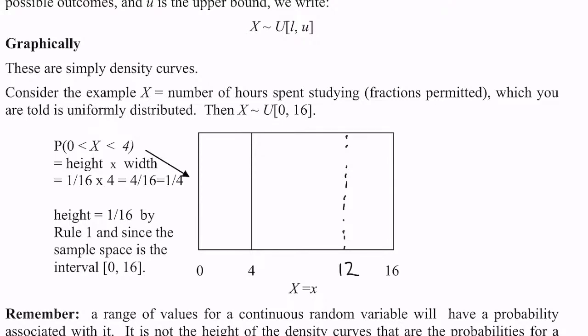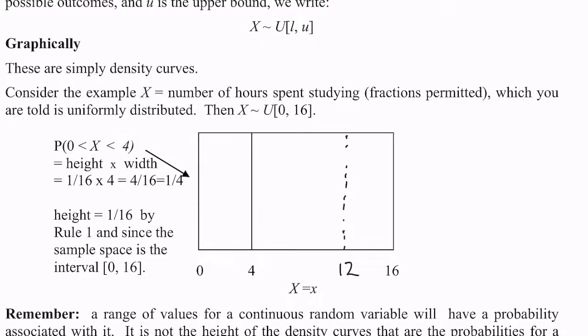Okay? So I define variable x as the number of hours spent studying. So let's say student study hours are uniformly distributed, then a student is just as likely to study between 0 and 4 hours as they are to study between 12 and 16 hours.